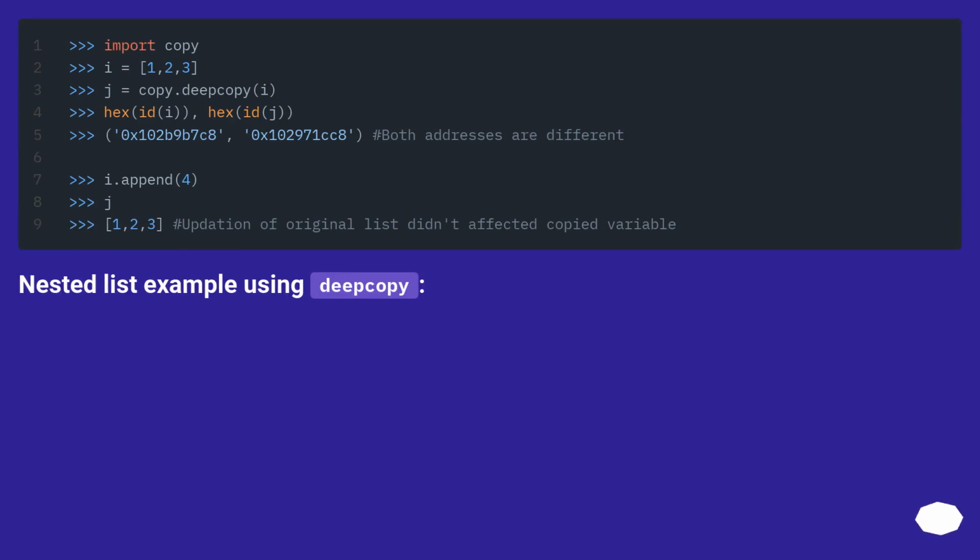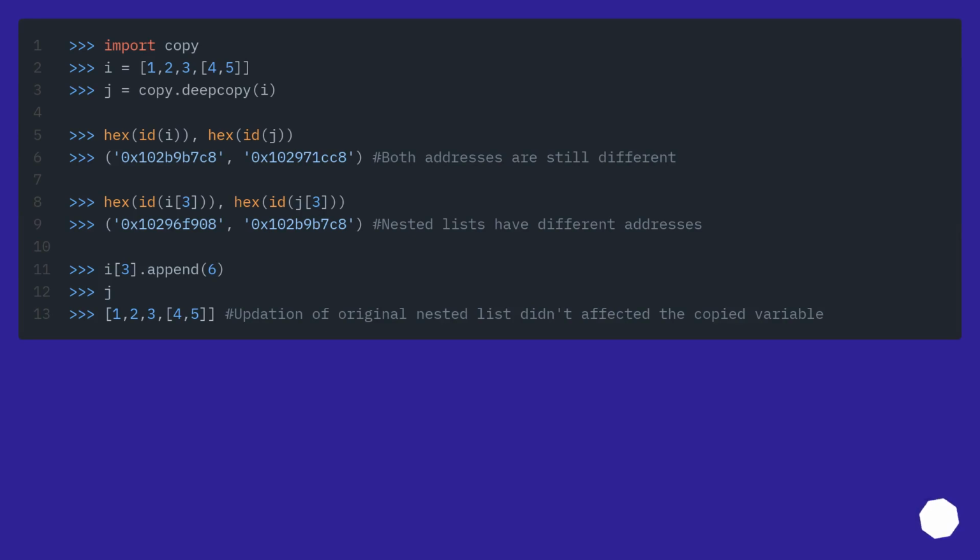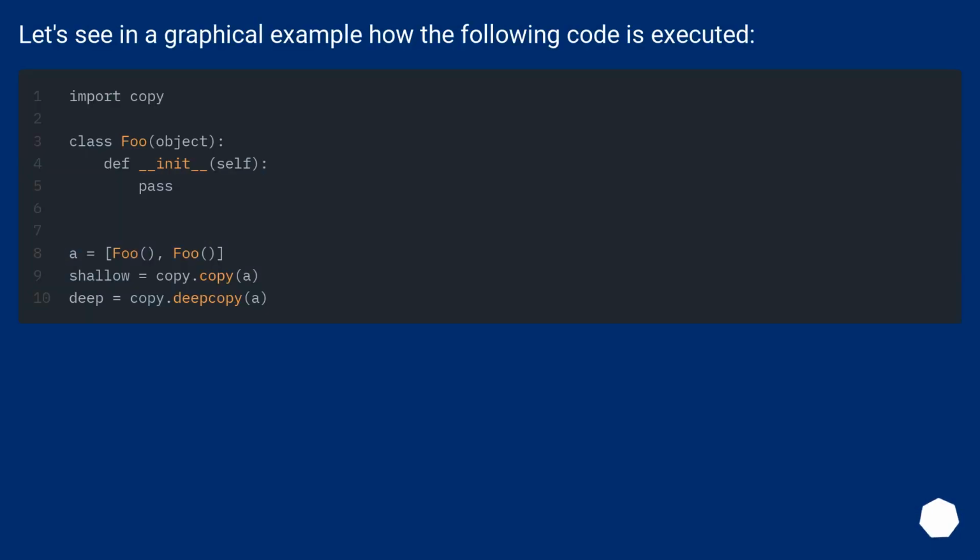Nested list example using deepcopy. Let's see in a graphical example how the following code is executed.